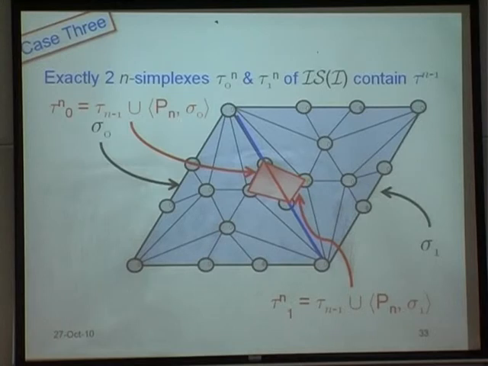We can take P sub n and sigma sub 0, and P sub n and sigma sub 1. And by the same arguments I gave you before, it can't be a smaller simplex, so it has to be this one. So what I've just shown you, and in the notes this is done in even more excruciating detail, is that this edge here is a face of two n simplexes.